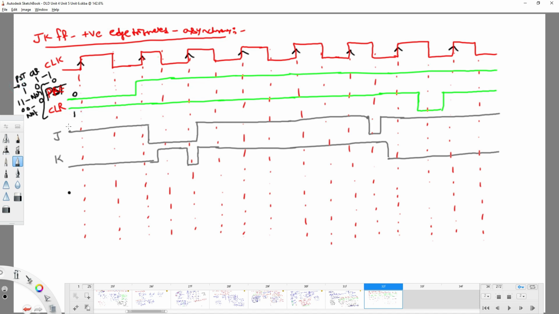Irrespective of J and K, it is going to be high up to this point of time, right? And if you observe, preset is continuously 0, so at this point you have to continue this. You only have to bother about the other inputs whenever preset and clear are 1. So I have to make sure to write up to this point of time.